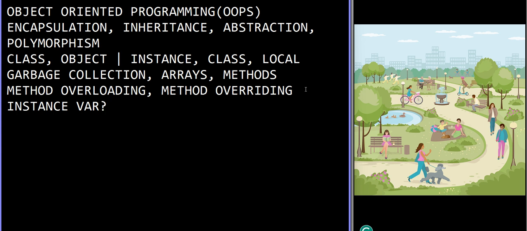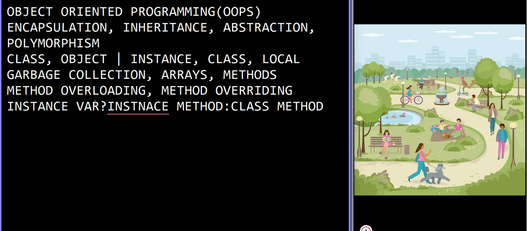If you have an instance variable in the class, you should use an instance method. If it is not an instance variable, use the class method. It is a ternary condition like I have shown you.